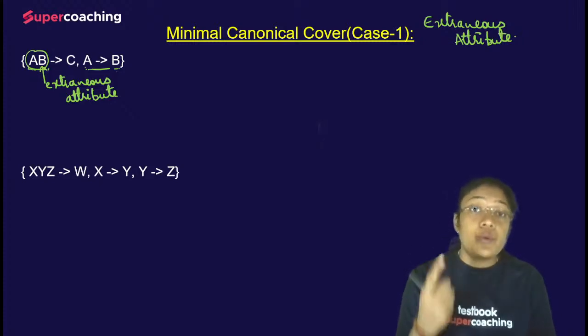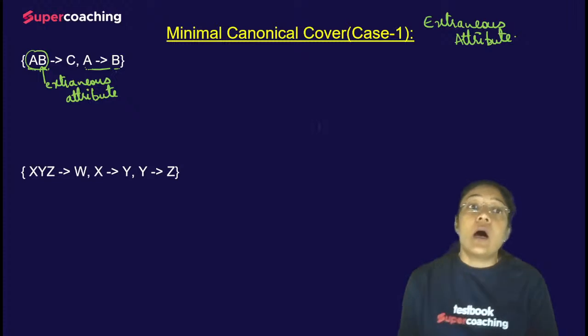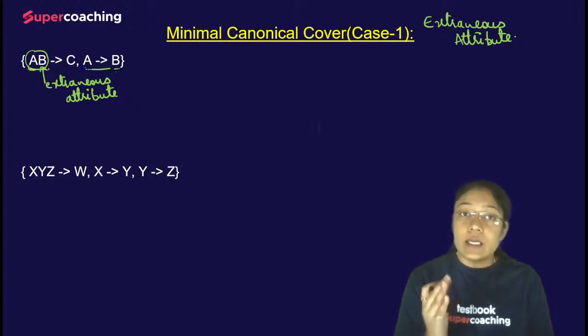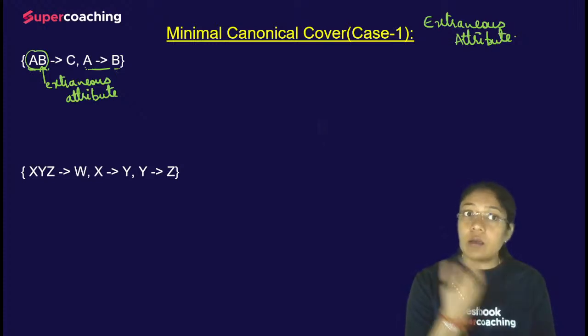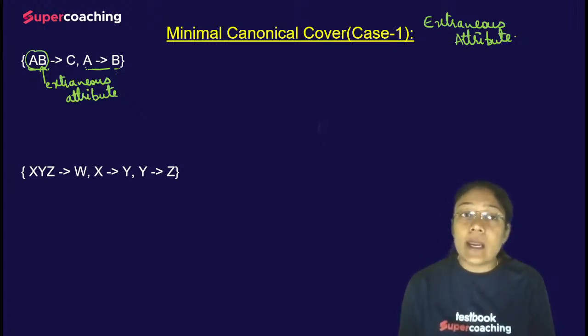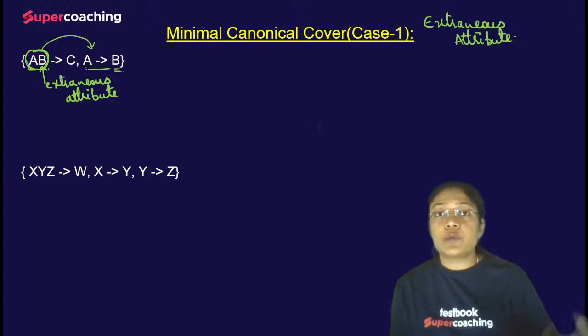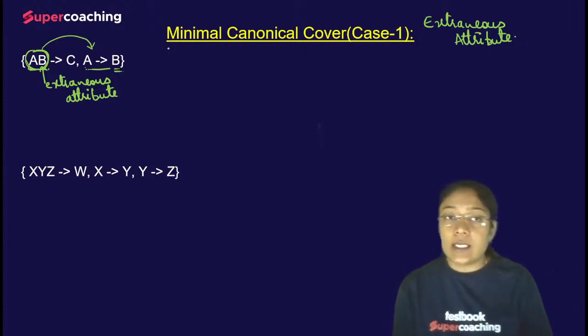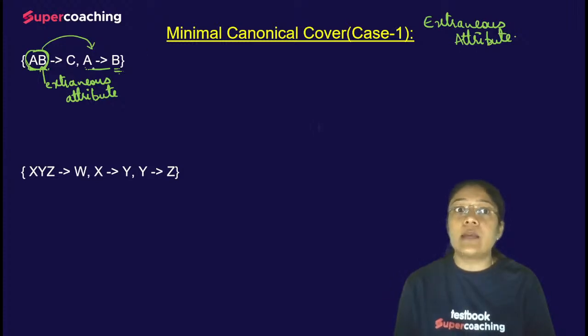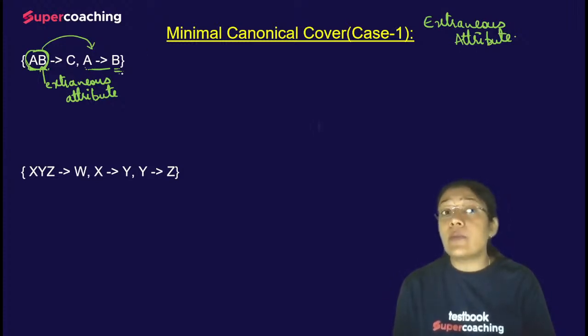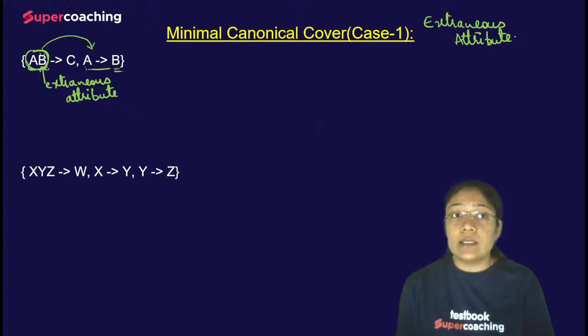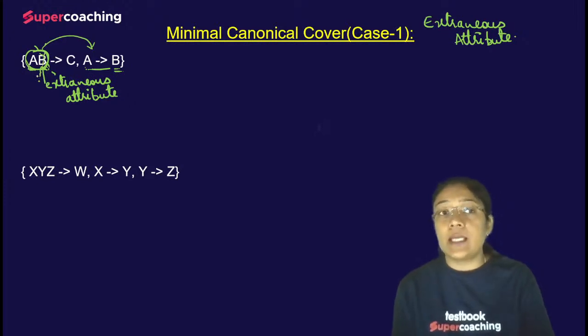Now when can there be an extra attribute? When there is a group of attributes where we doubt that there may be extra attributes on this side, and those attributes together give some other functional dependency, then we will check which attribute can be the extra attribute. Logically, if you think, the left hand side attributes determine the right hand side attributes, so the left hand side attribute cannot be the extraneous attribute, it's the right hand side attribute. So if I replace this, I'll get the functional dependency. This is the extraneous attribute and we are supposed to eliminate it.